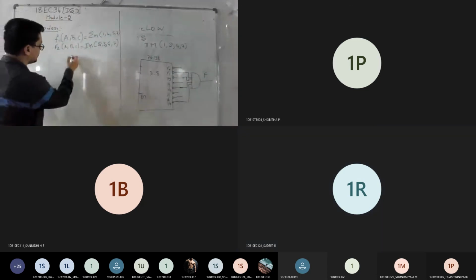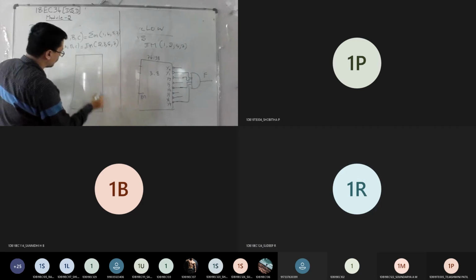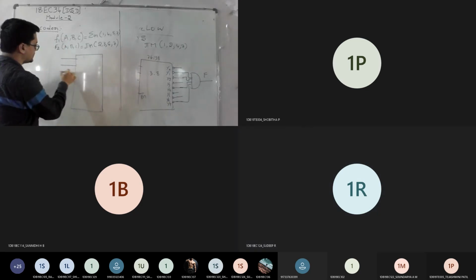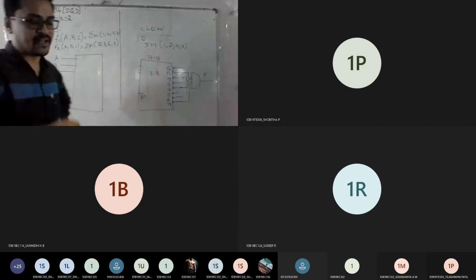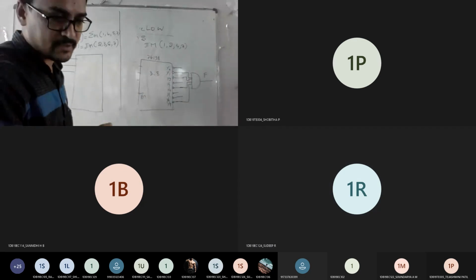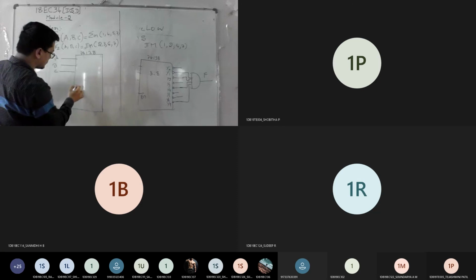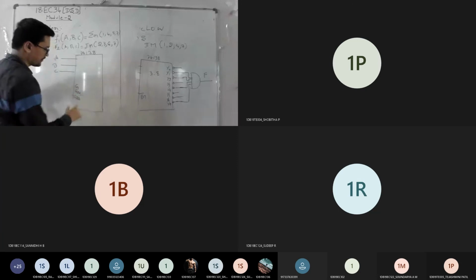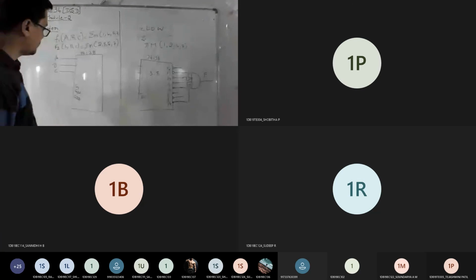So how to do it? We'll proceed, listen carefully. Same thing, draw the diagram. Inputs A, B, C. Whenever you find an IC number, you should write it here: 74138. You know that there is G2A and G2B, or you can write enable pins.